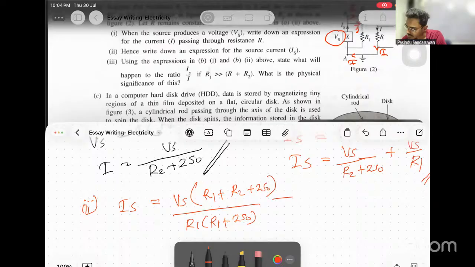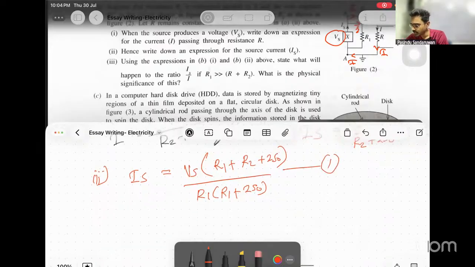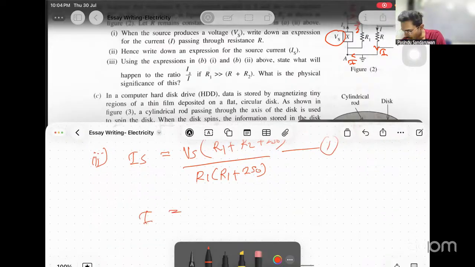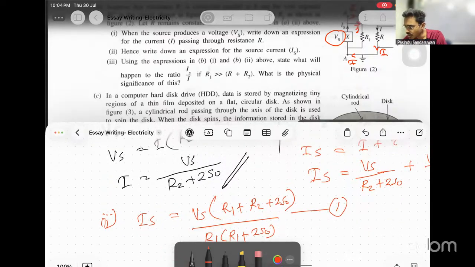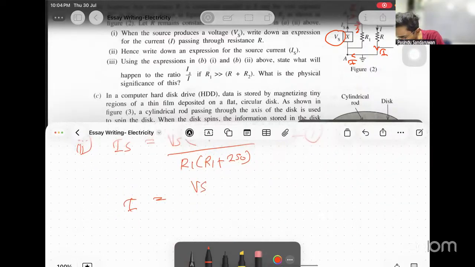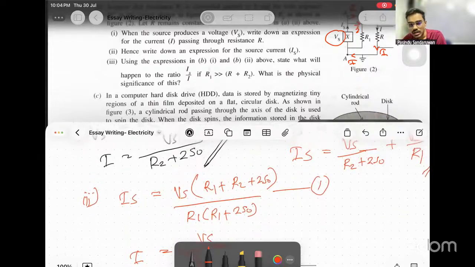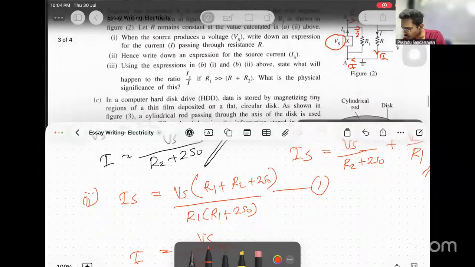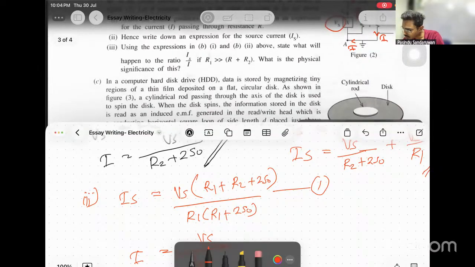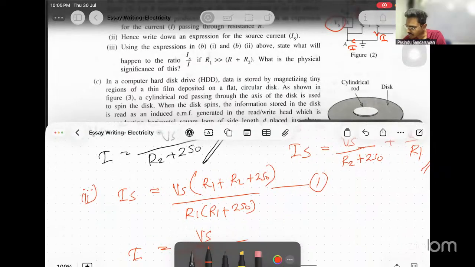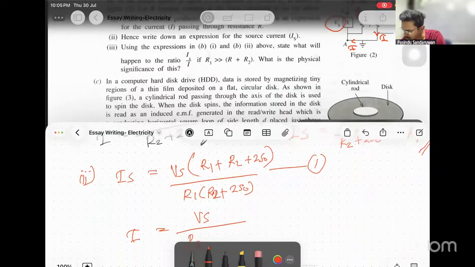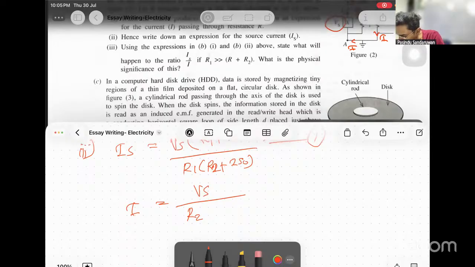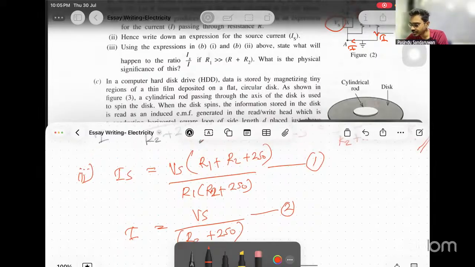So this is equation 1. And for I we have Vs over R2 plus 250. This is R2. Say this is equation 2. Now divide these two. We need Is over I.